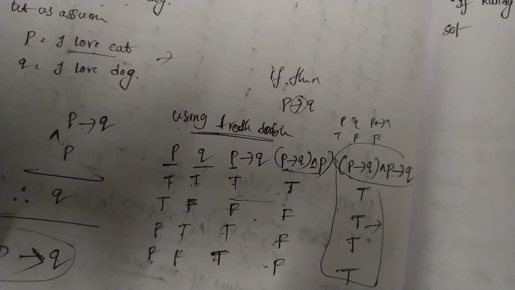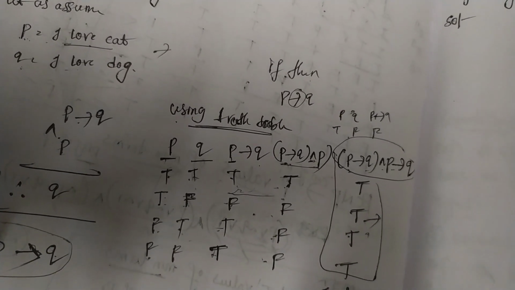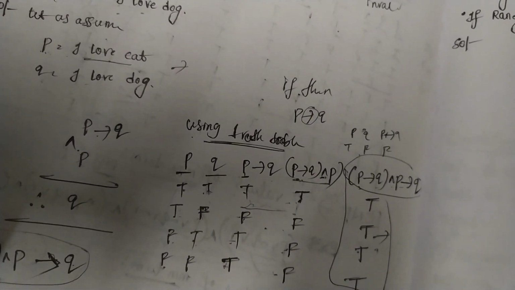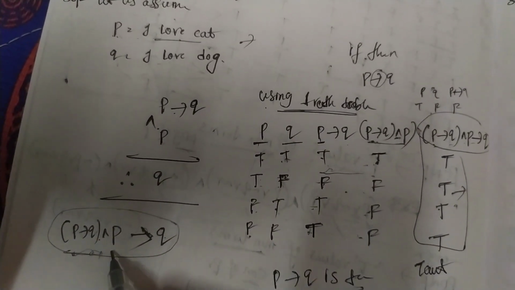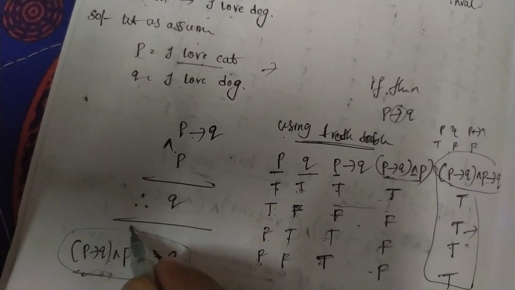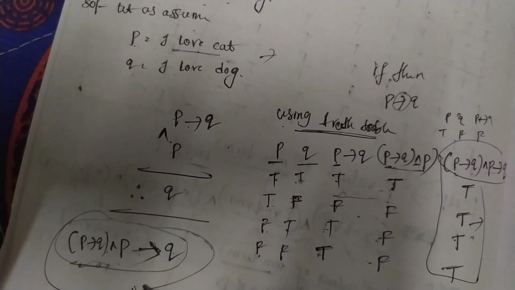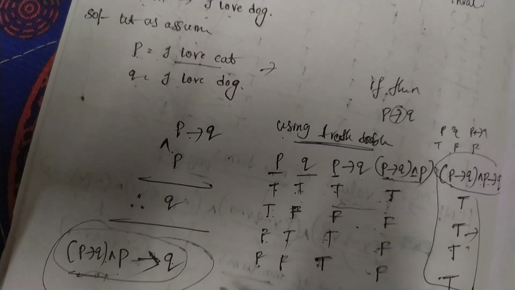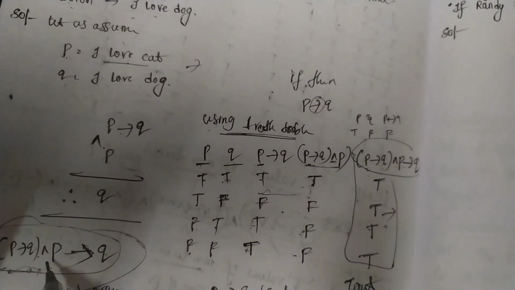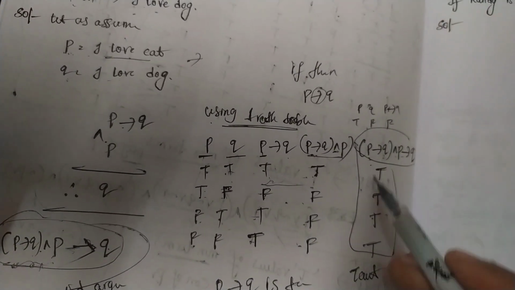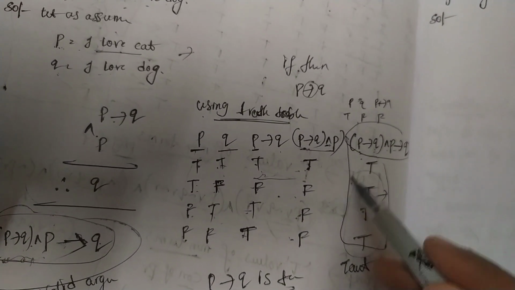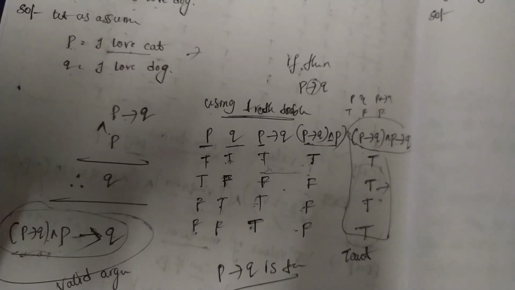If it is a tautology, then it is called a valid argument. So P implies Q and P, implication Q, is a valid argument, because in this truth table all values are true.